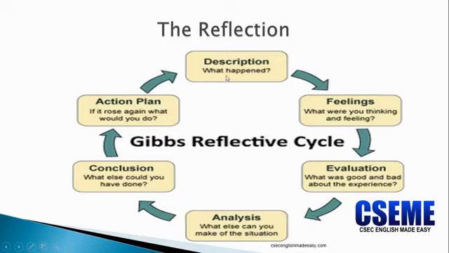You experience something, and you talk about or look at what happened, your feelings about what happened, what was good or bad about the experience, what else you can make of it, what else could be done, and then often you arrive at a plan: what if this happens again?